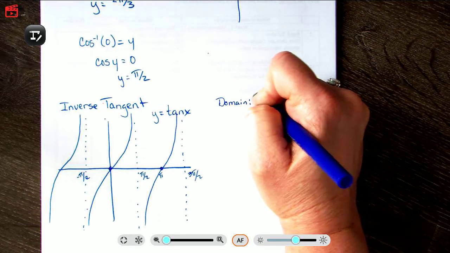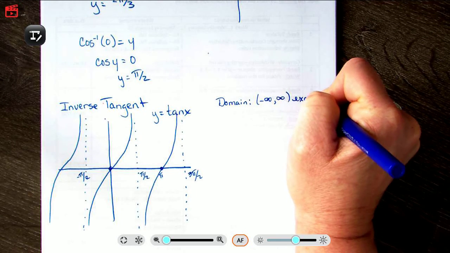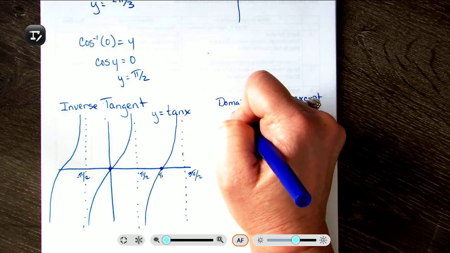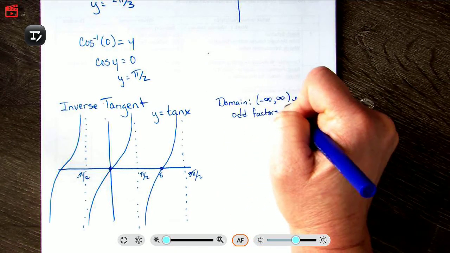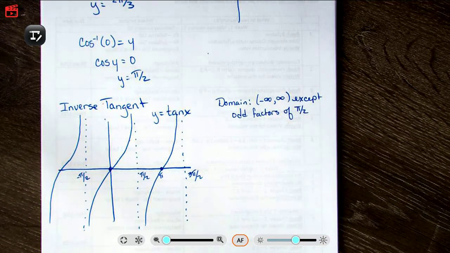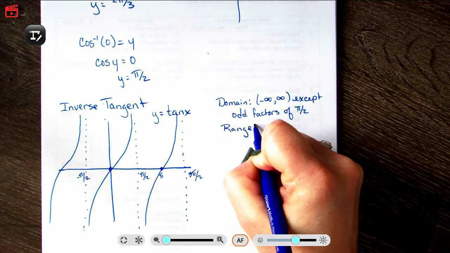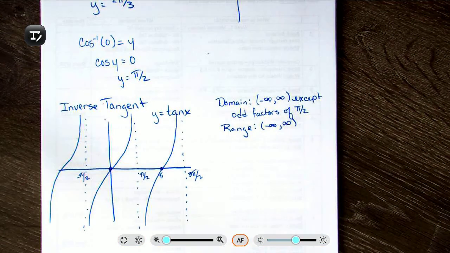It's all real numbers except the odd multiples of pi over 2. So 1 pi over 2, 3 pi over 2, 5 pi over 2, because that's where all those asymptotes are. So the domain is very hard to write. Our range is all real numbers. We get everything out because it goes from negative infinity all the way up.